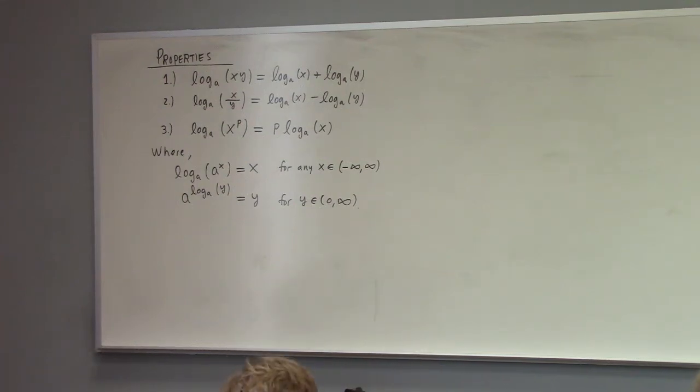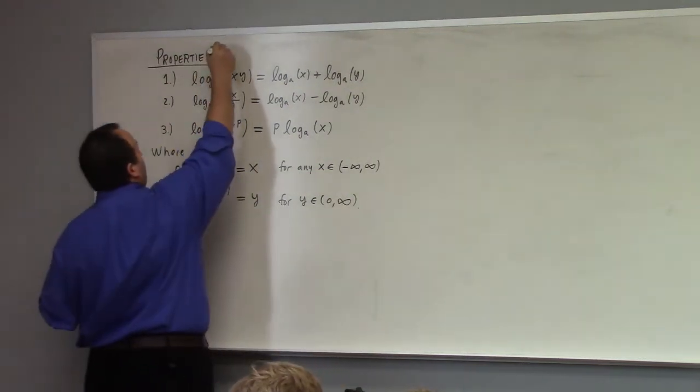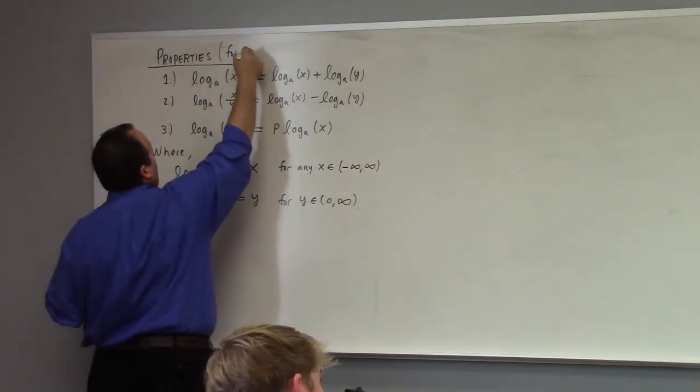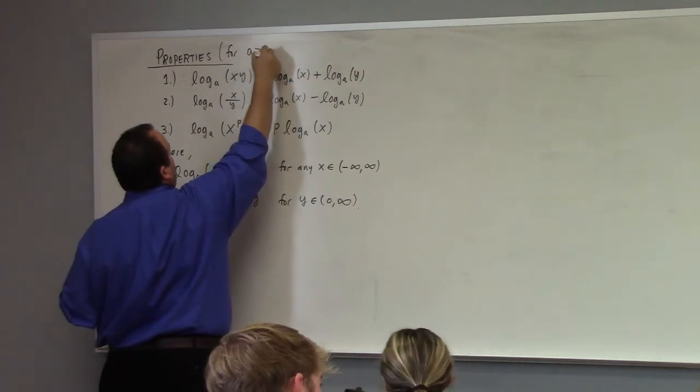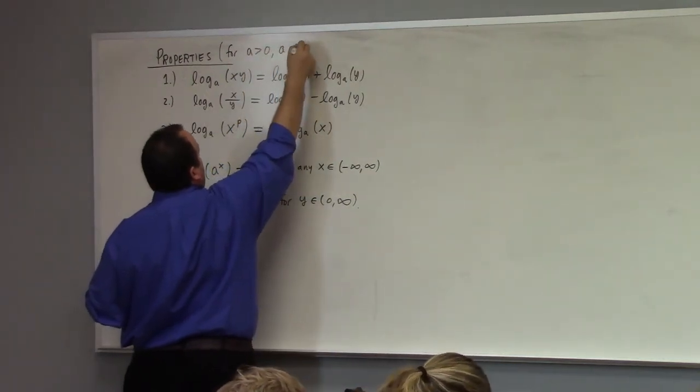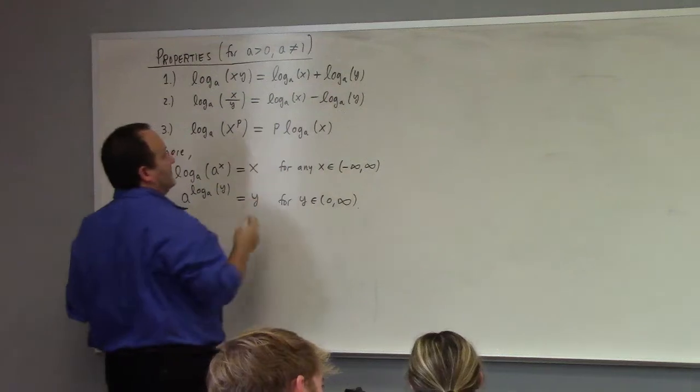I wrote it with log base a, but all of these things are true for a greater than 0, a not equal to 1. We need to assume that about the base.